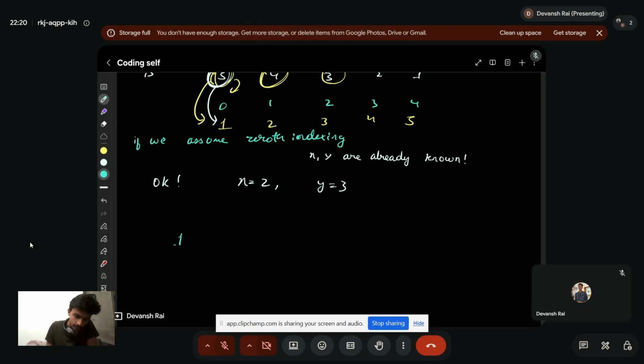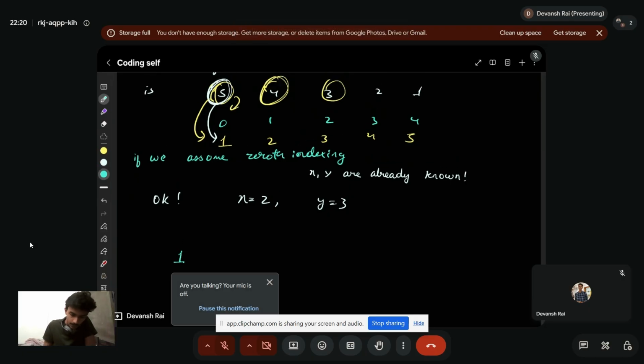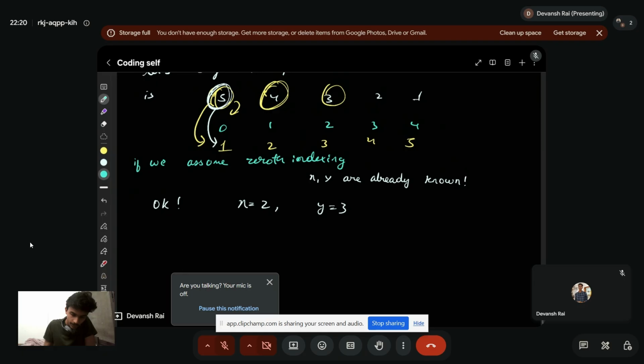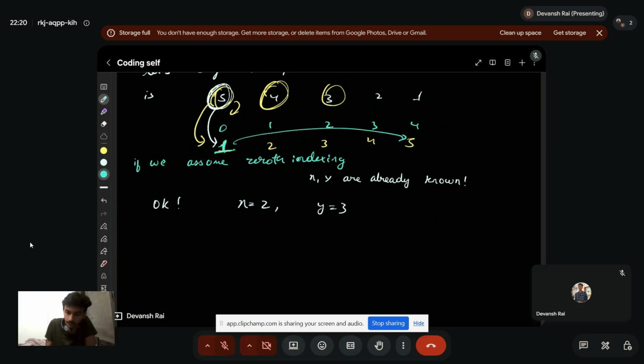So this 5 should be at this place, right? We need 5 to move from here to there.